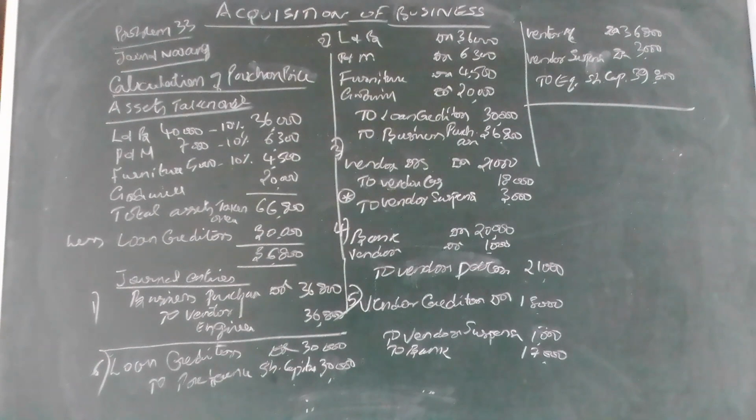So we are passing loan creditor account debtor to preference share capital, 30,000 rupees. Mind it carefully, the business purchase is discharged in the form of equity shares and the loan creditor is discharged in the form of preference shares. So accordingly you will have to pass the entries like this.